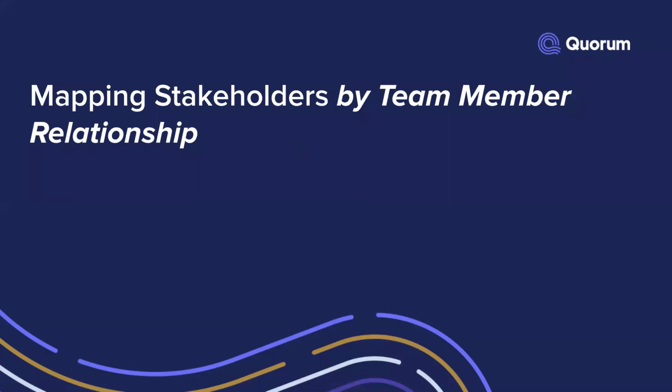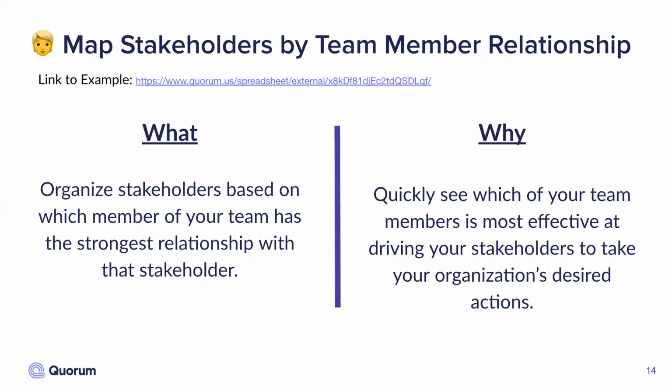Now, the next strategy I want to cover is the ability to map stakeholders by the relationships that they have with your team. The vast majority of my clients decide to assign relationship holders to the stakeholders that they're targeting. Some will take the divide and conquer approach.